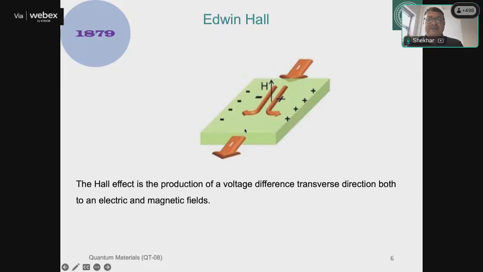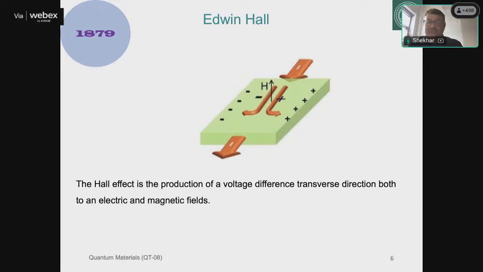Here, the applied current direction is this way, and we generate a perpendicular voltage in the presence of a magnetic field. That is called the Hall effect. Without a magnetic field, we don't expect any perpendicular Hall voltage.